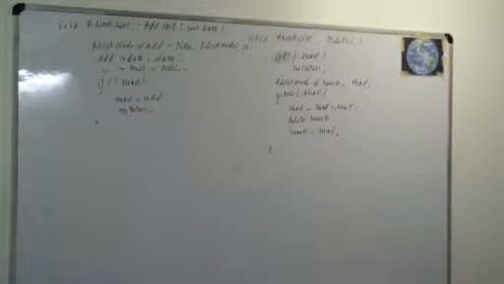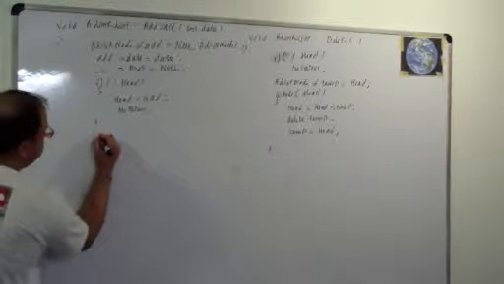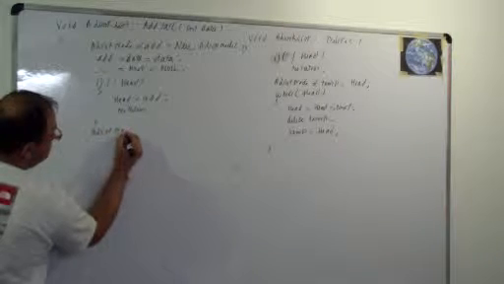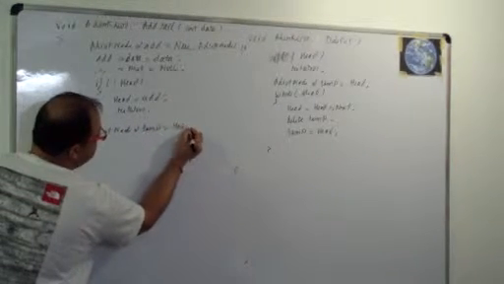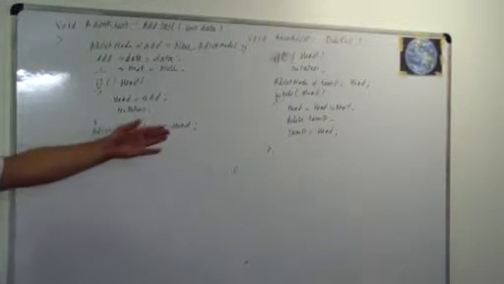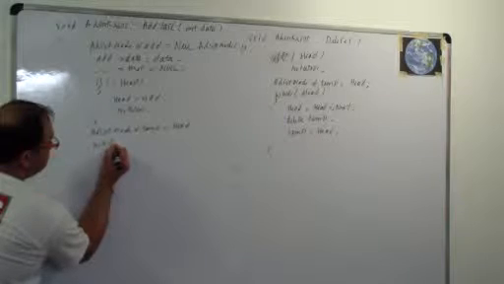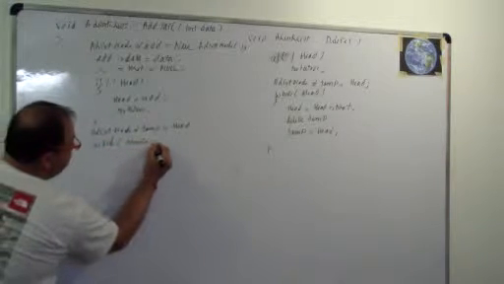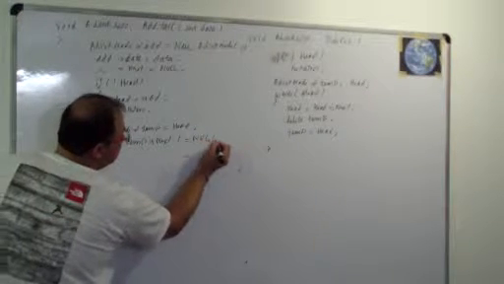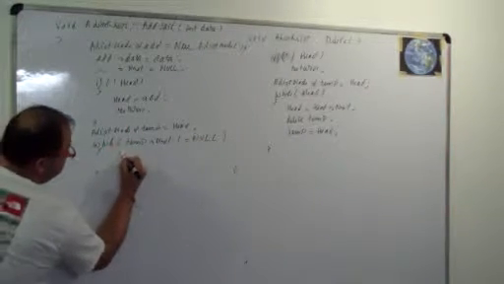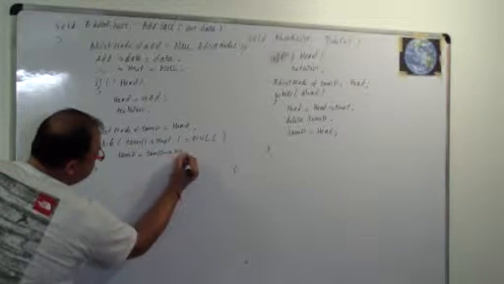Otherwise, we will take a temporary variable, a list node star temp is equal to head, so that the temporary variable starts pointing to head. Then we'll say while temp arrow next is not equal to null, temp is equal to temp arrow next.